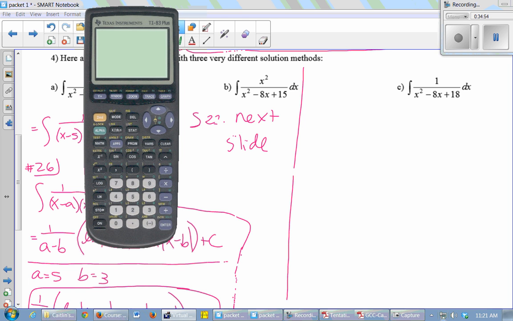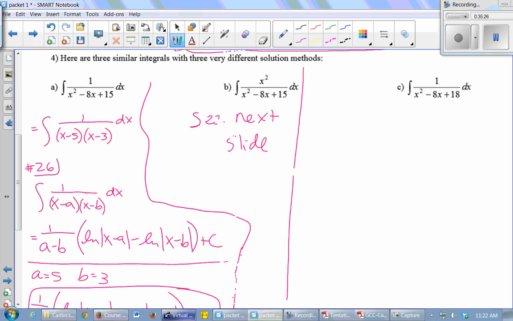Because we don't ever deal with complex numbers in this class. So if you have to use i's to make this factor, you just say it doesn't factor. So b squared, so that would be negative 8 squared, minus 4 times a times c. Gives me a negative number. So that means if I were to apply the quadratic formula, the number under the radical would be negative, so this thing does not factor.